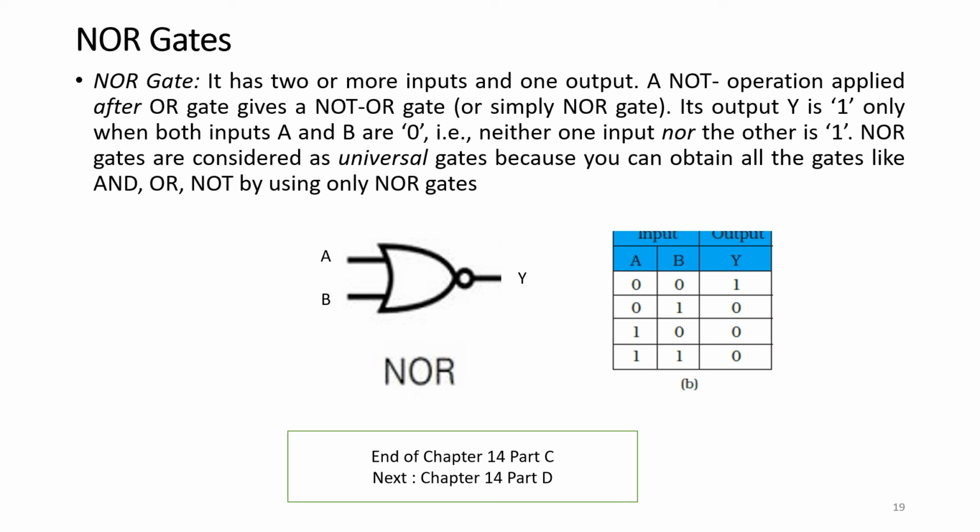Its output Y is 1 only when both inputs are 0, that is, neither one input nor the other is 1. NOR gates are considered universal gates because you can also obtain all these gates like AND or NOT by using only NOR gates.